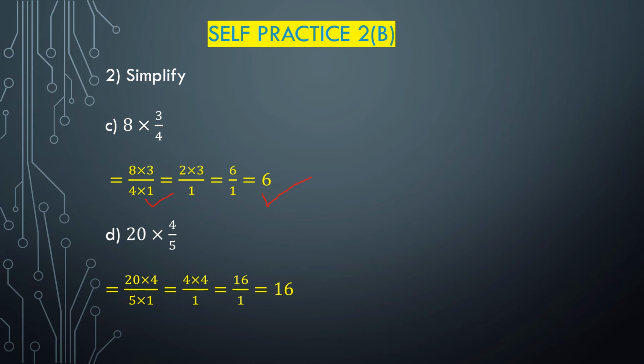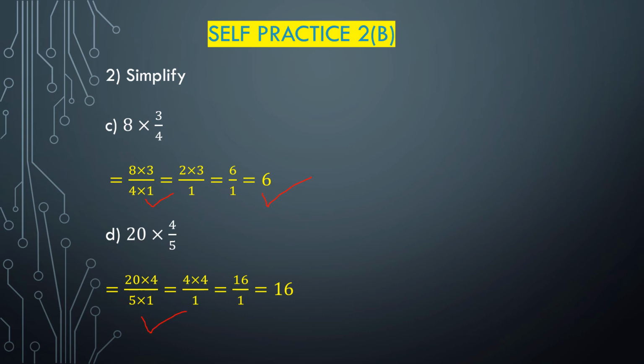D, 20 multiplied with 4 divided by 5. Product of whole number and the fraction is product of the numerators divided by product of denominators. So 20 multiplied with 4 divided by 5, we can write 20 multiplied with 4, product of numerators, divided by product of denominator is 5 multiplied with 1.